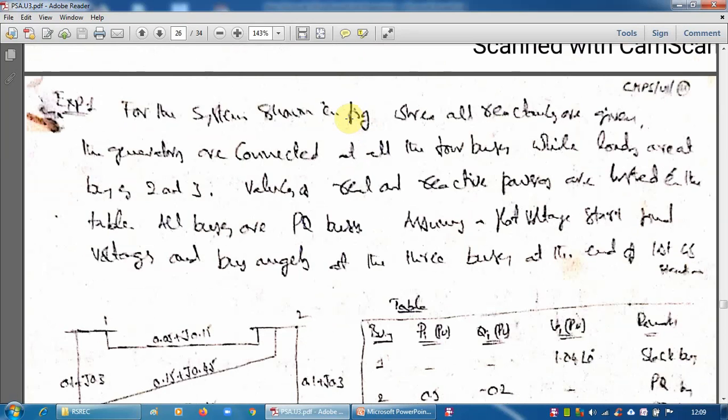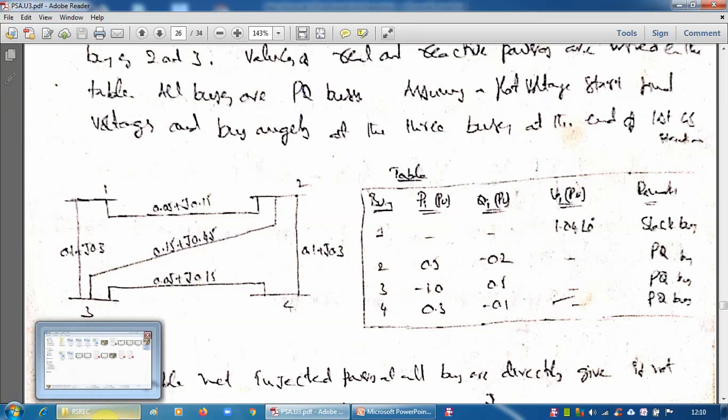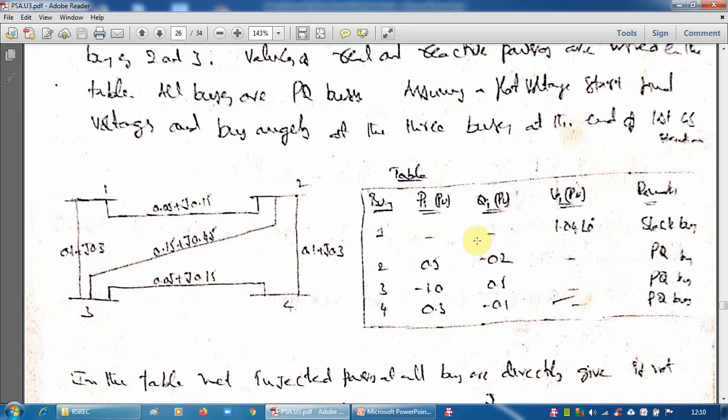Now we will do an example for this, only load buses. We will see the calculations for the generator bus next. You see, a problem is given, a 4-bus system. Line data, that means line admittances, are given, and bus data is also given. This is important from the given data.